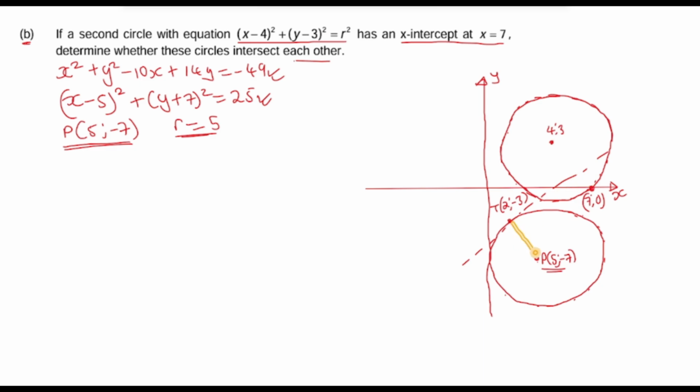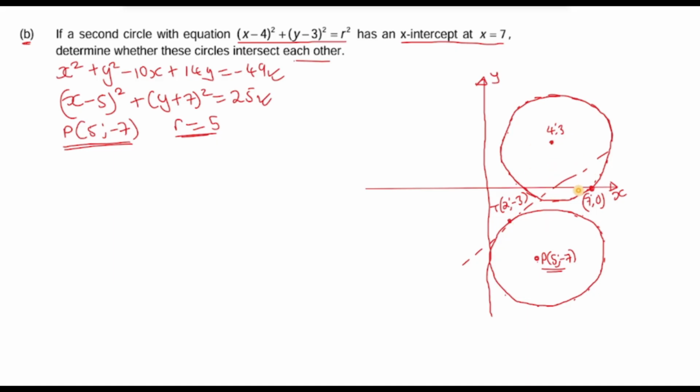We have the radius from the previous circle, the circle in 7a, which is 5. You can use the distance formula if you want, but from the equation we know that it's going to be 5.